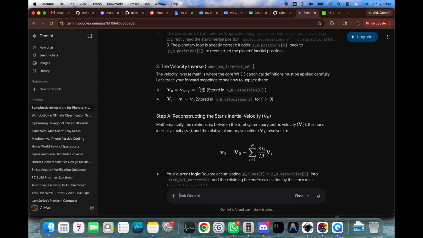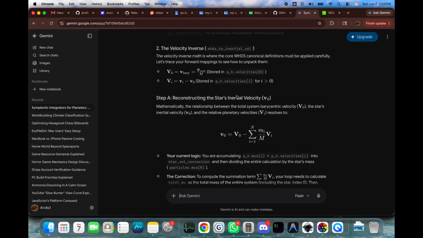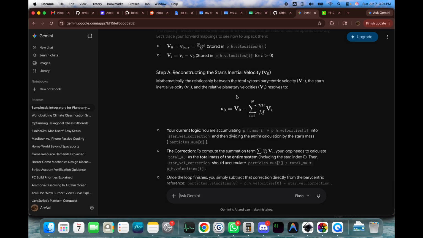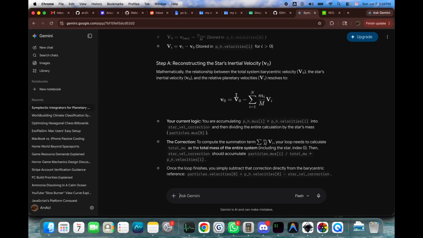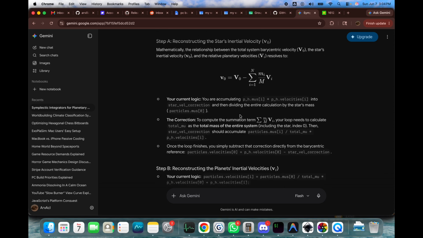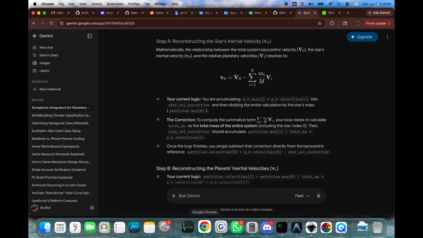Okay, velocity inverse. Step A. Mathematically compute the term. Need to calculate total mu as the total mass of the entire system. So the star velocity correction should accumulate the ph velocity, ph.velocity index i, dividing the entire calculation by the star's mass.